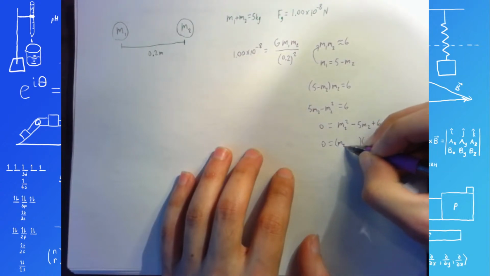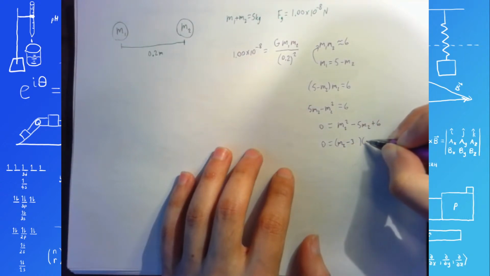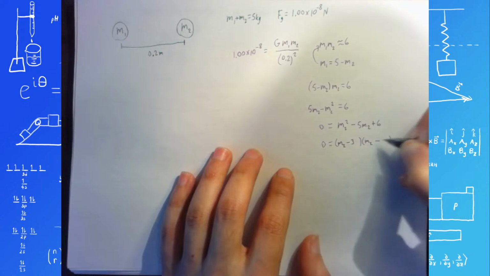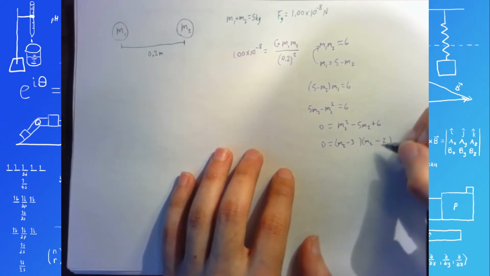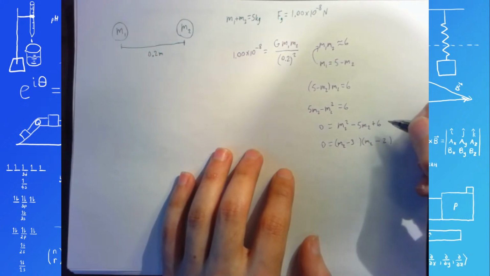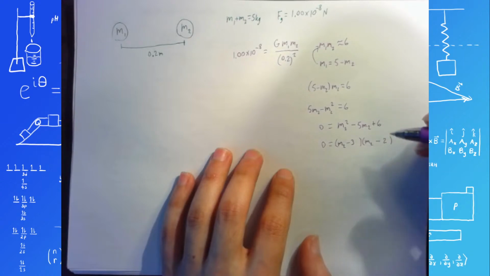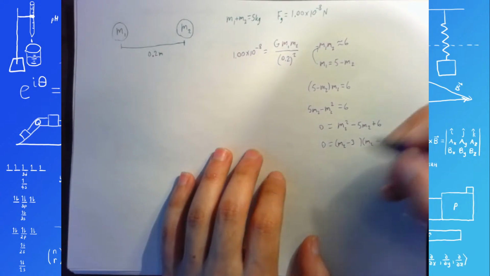This is going to be m2 minus 3 times m2 minus 2. Minus 3 and minus 2 add up to minus 5 and multiply to positive 6. So m2 is either 3 or 2.